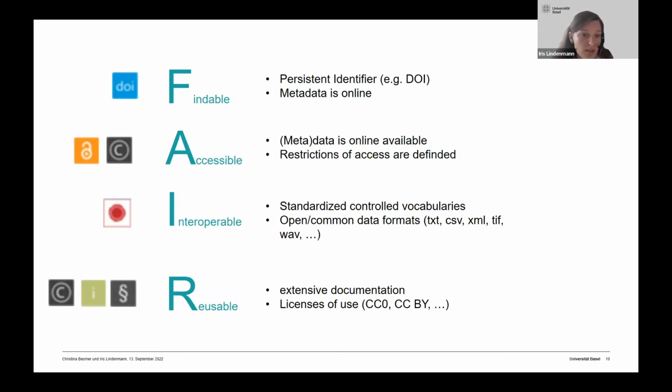And for the reusability, you again need the licenses. This is the copyright icon. You need documentation, and in this case, it would be documentation about the repository. This is the green button. It gives you information on the repository, but this is also very helpful for the data being uploaded to the repository, because if you don't know what kind of data is in a repository, you might not find or search for the data set in the repository.